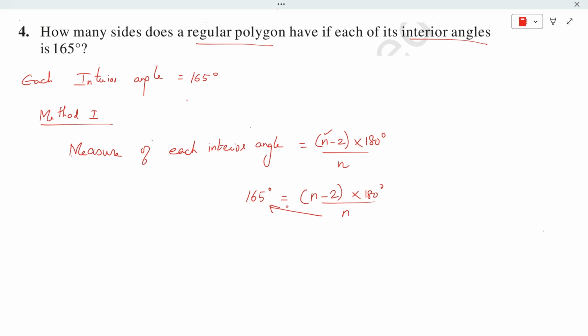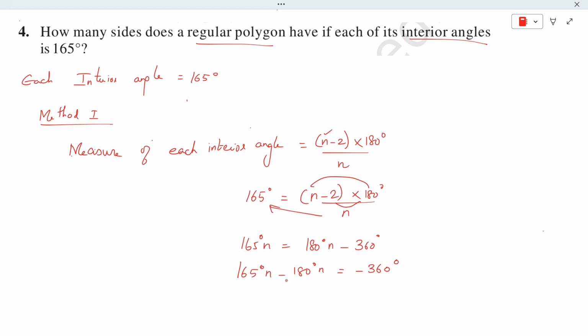Take n to the other side, so 165 n is equal to, now you expand the bracket using distributive property. 180 degree n minus 2 into 180 is 360 degree, isn't it? So I'm transposing 180 n to the other side. It will become negative 180 degree n is equal to negative 360 degree.